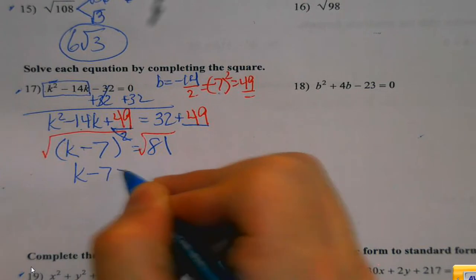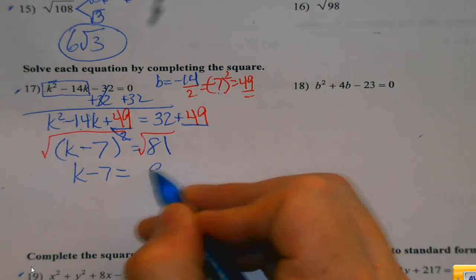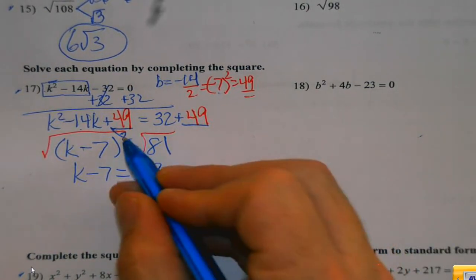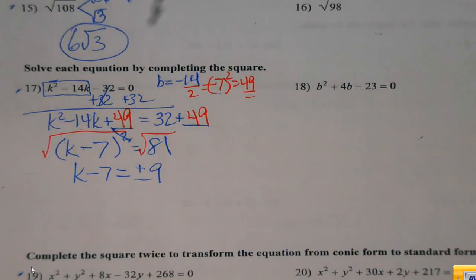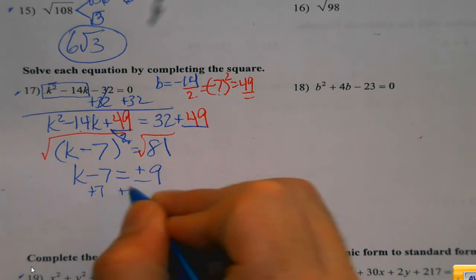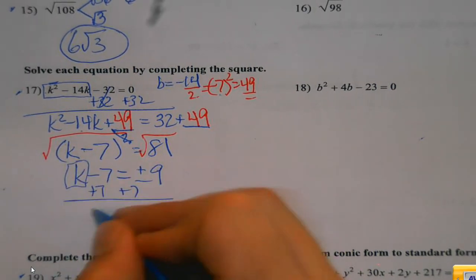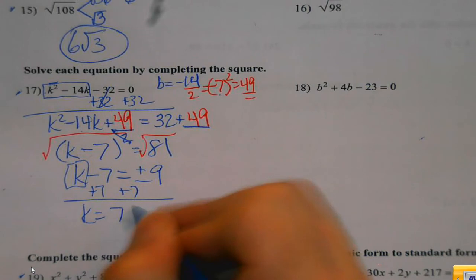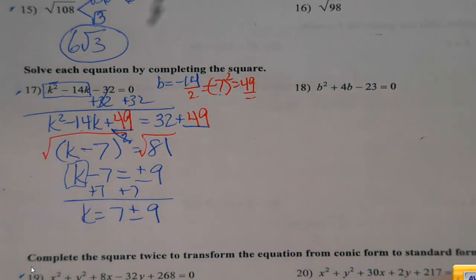k minus 7. Square root of 81 is 9 with my plus minus. The 2 tells me how many answers there are, but so does the help sheet. And I add my 7 to get k by itself. And again here, if it would have been a radical, I just leave it alone.